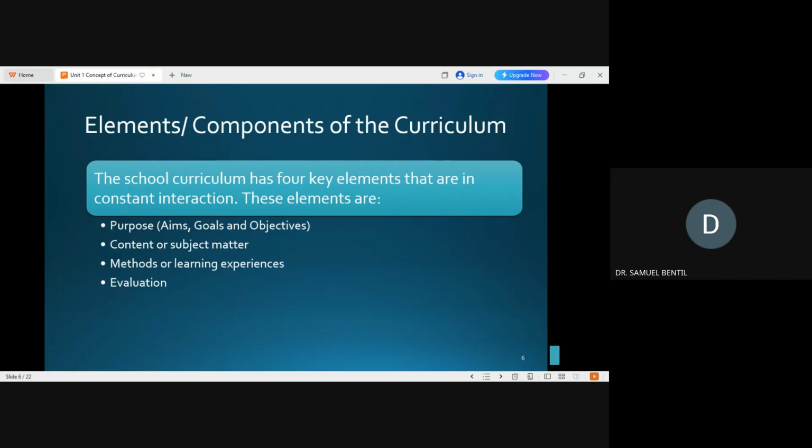But since it features in methods and learning experiences, we don't need to bring resources as a 5th component. But some books do that. So that is for your information. If you read some books and you come across a 5th component as resources, that's what it means.